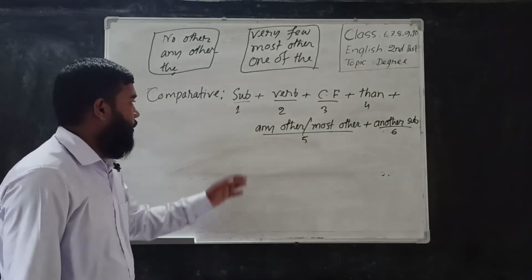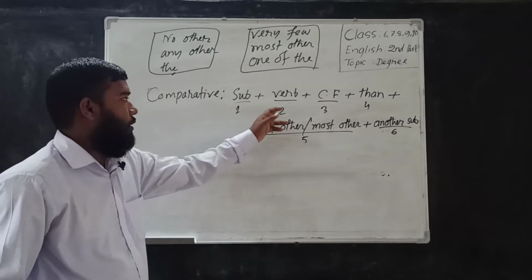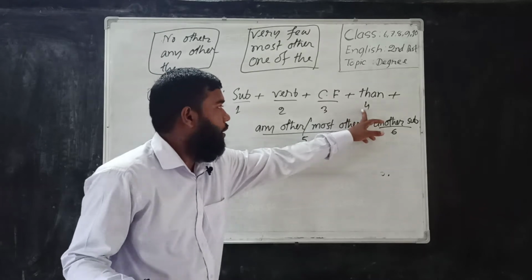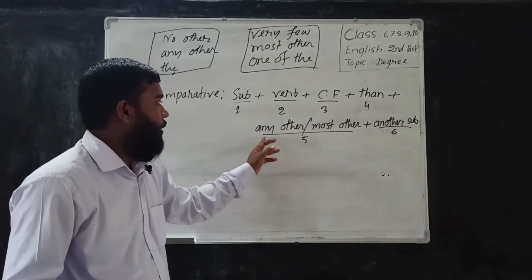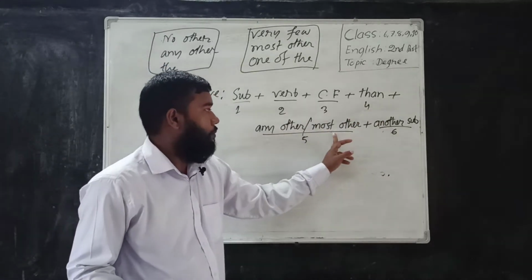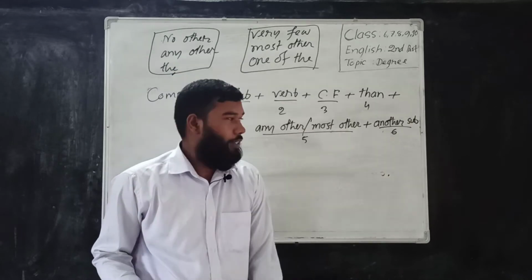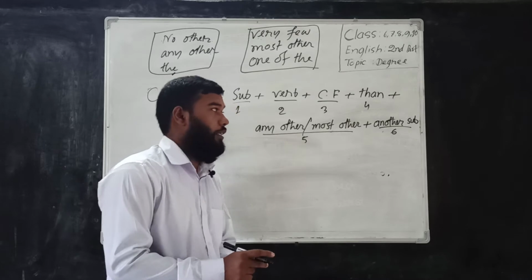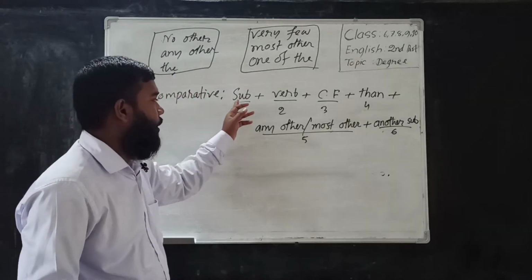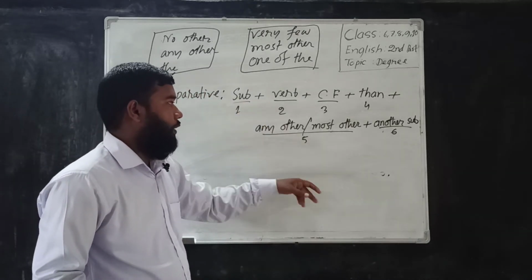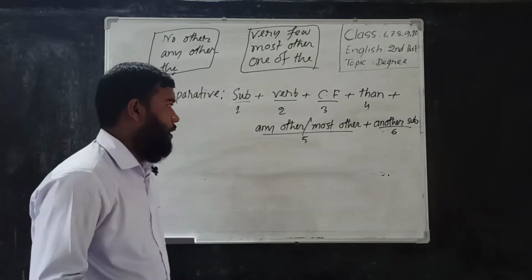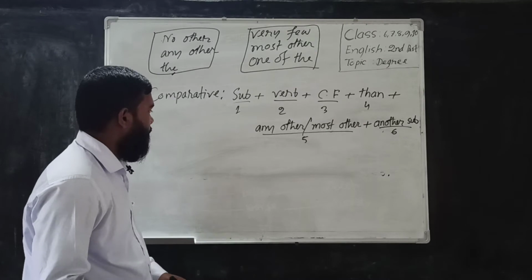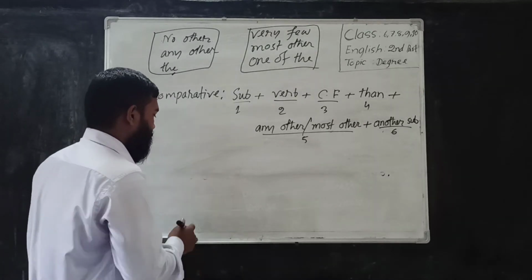Let's see the structure. First step, subject. Second, verb. Third, comparative form. Then fourth step, then. Next step, any other or most other. And the last and final step, sixth step, another subject. You will find there are 2 subjects. That's why I have written subject 1 and another subject. Okay, dear students, let's see how to change a sentence into comparative.